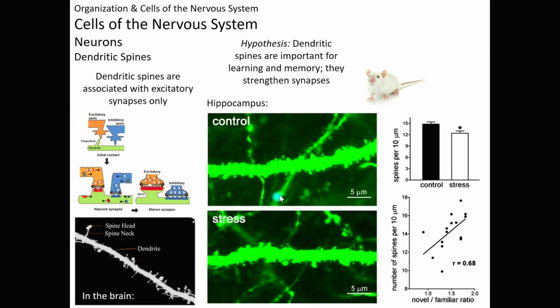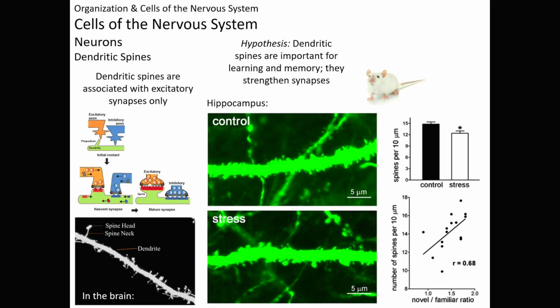So you can visually see that there aren't as many spines in the stress case as there are in the control, and here is a statistically significant reduction in the number of spines in the stressed mice compared to the control mice.